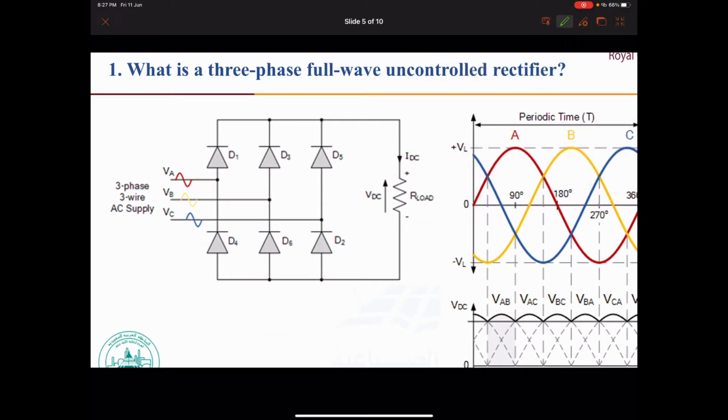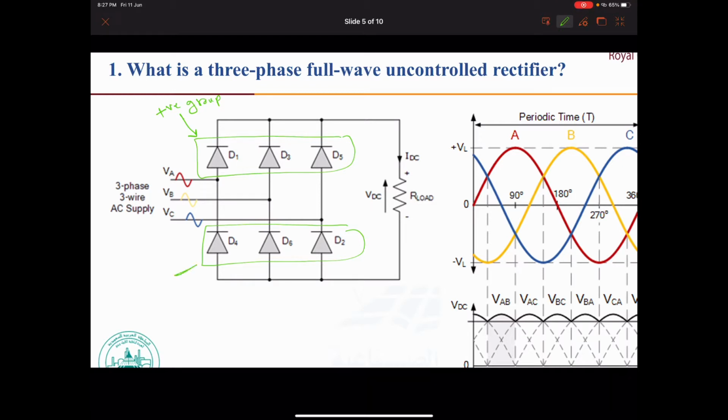Now you can notice something here. We have 3 diodes up here and 3 diodes down here. Those 3 diodes are called the positive group, or we can say positive diodes.